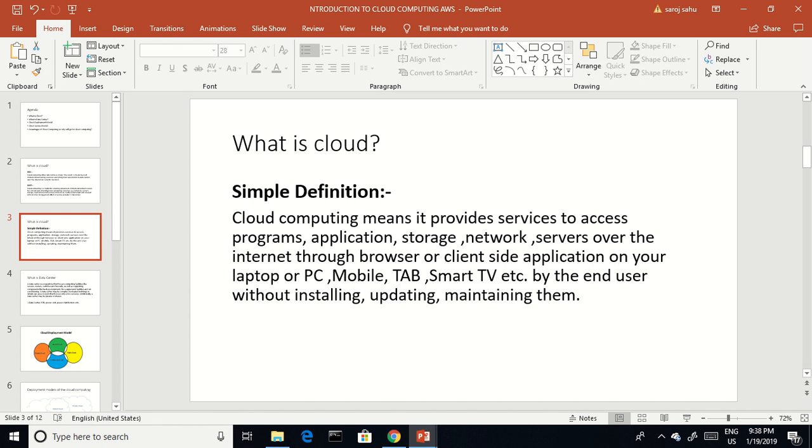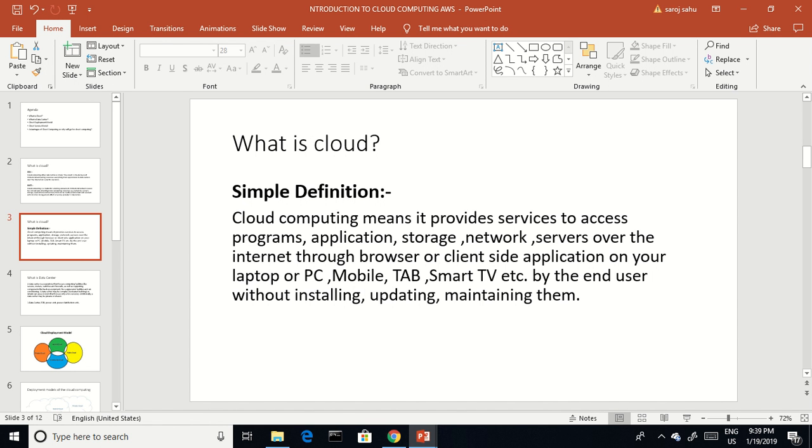There are a lot of cloud vendors, like Microsoft Azure, Amazon Web Services, IBM Bluemix, Google Cloud Computing, all those. There are multiple vendors. So without managing all those things, you are getting your services.